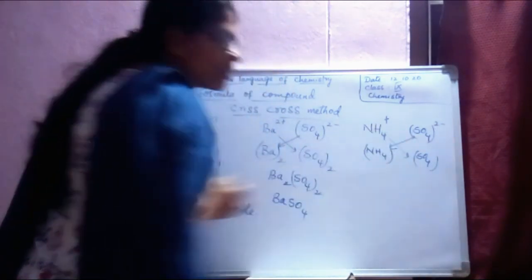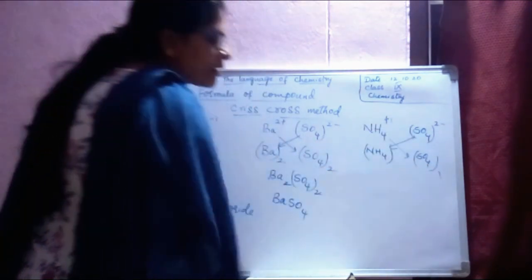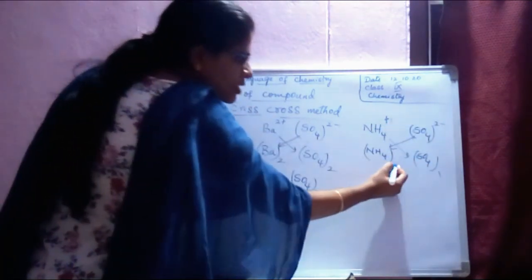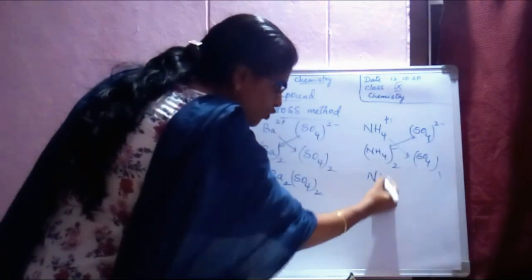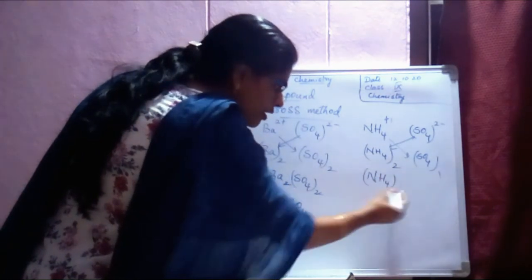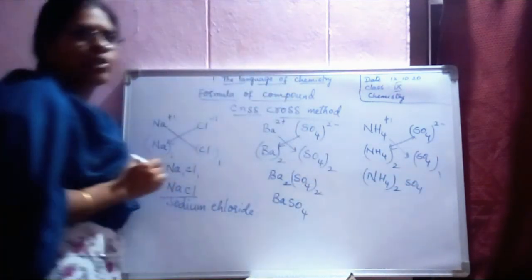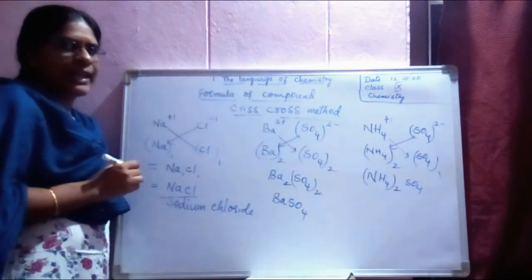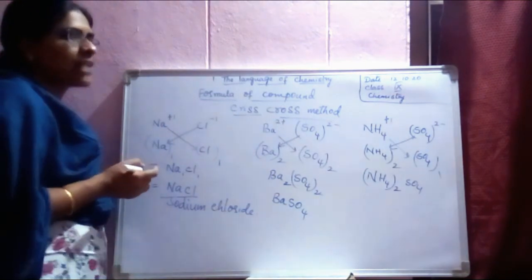Cross. How much is the charge? 1, write it here. How much is the charge? 2. NH4, keep it in a bracket, SO4. Ammonium sulfate.